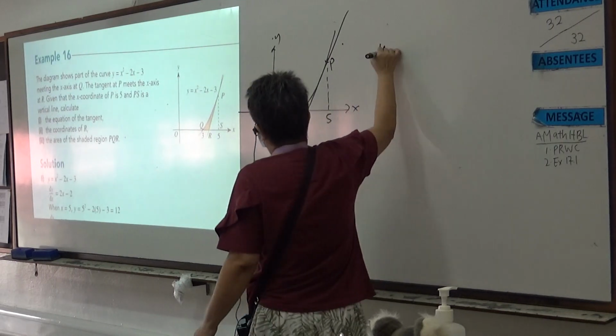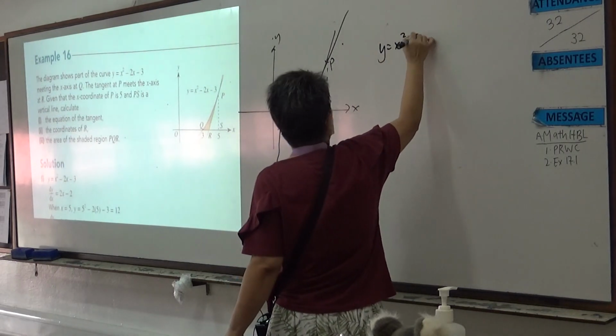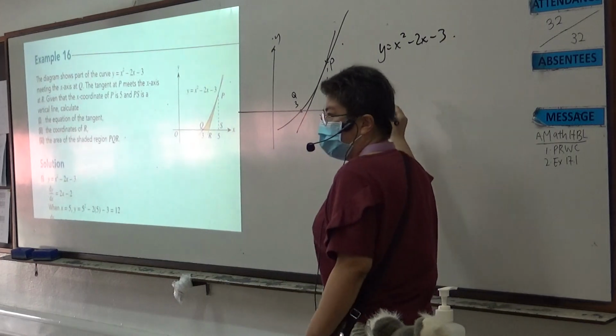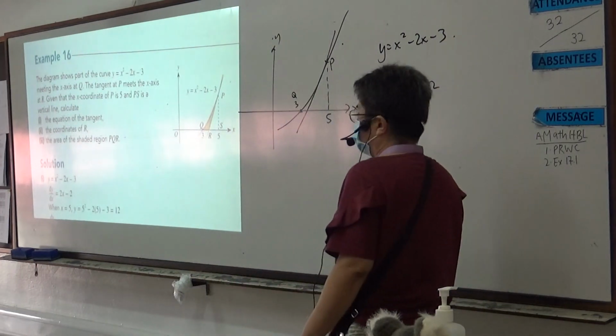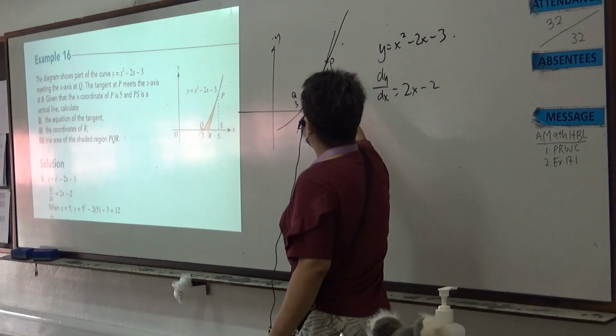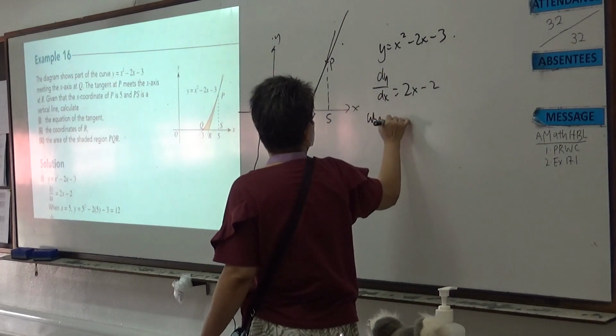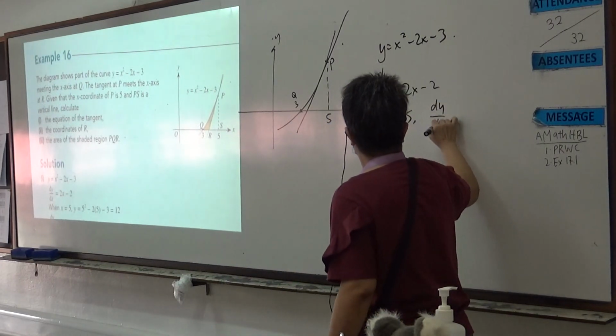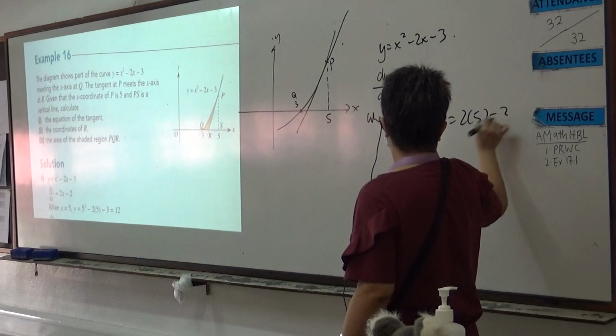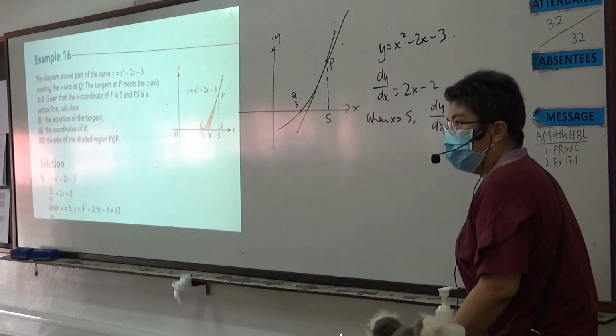Now, y equals x squared minus 2x minus 3, right? What's dy dx? 2x minus 2, right? How to find the gradient at P? When x is 5, I will have dy dx as 2 times 5 minus 2. Answer is 8, correct?